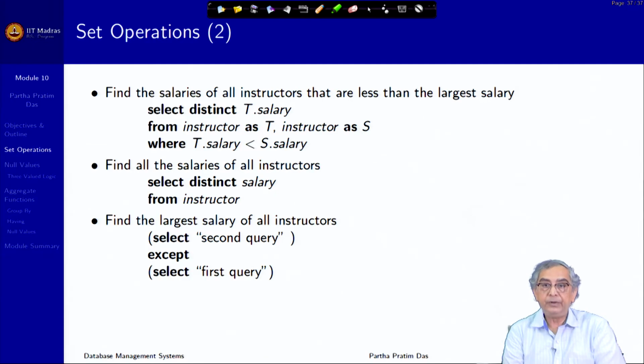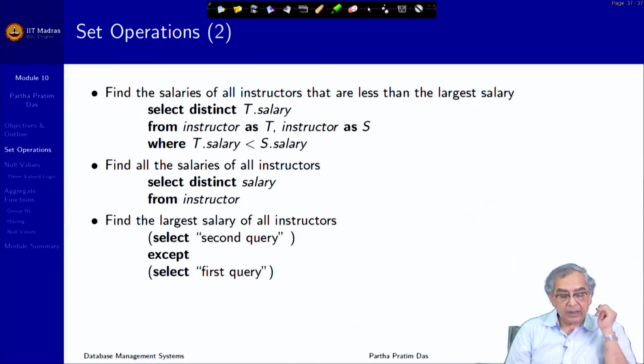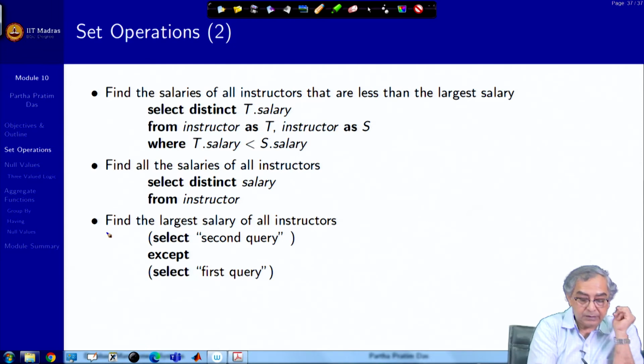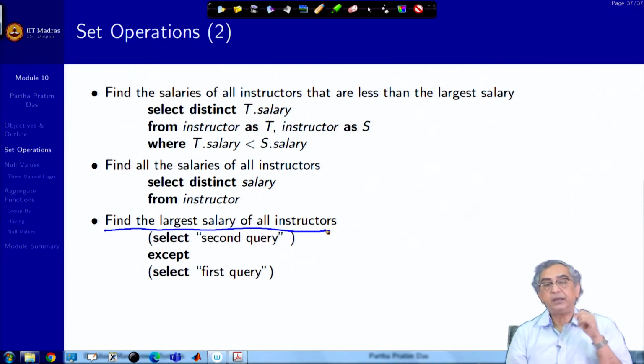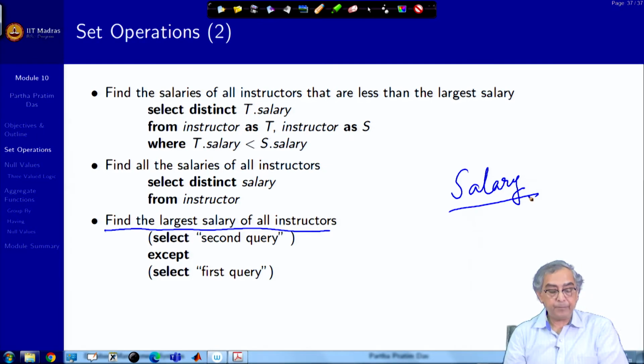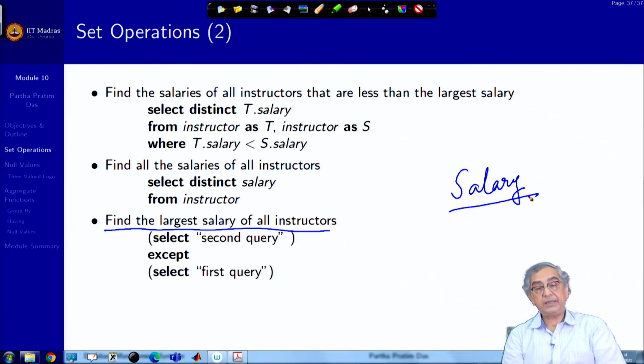Here we show another example. Given the instructors, in the instructor table you remember that there is a salary field. We want to find out the highest salary of all instructors.